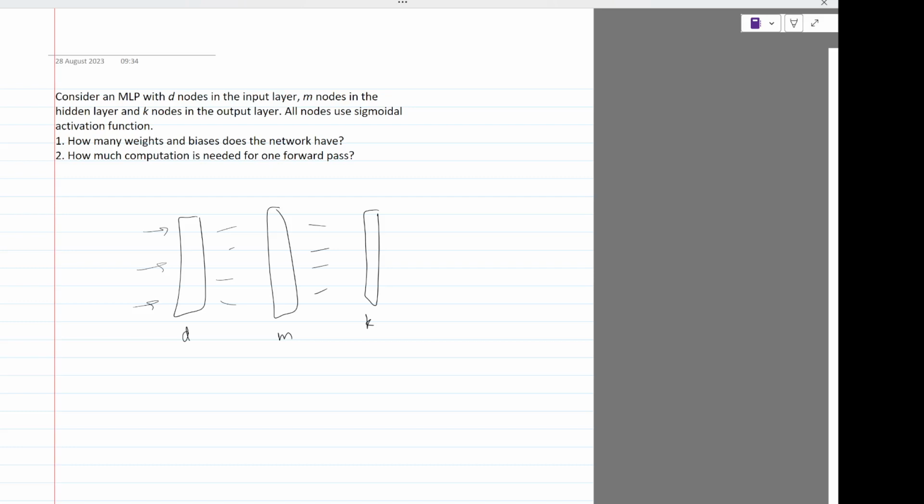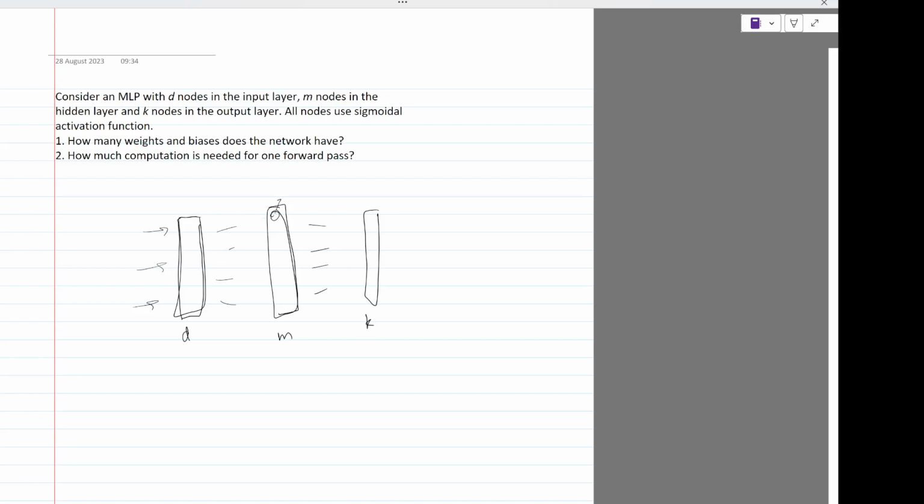So if you look at this part, here there are D inputs, and if you consider one of the nodes here, it has D connections coming to it.